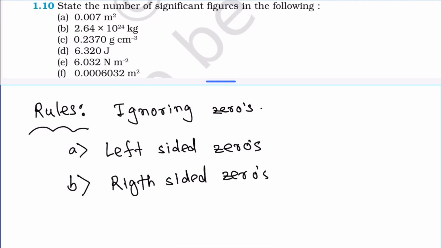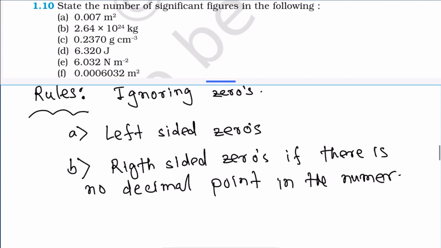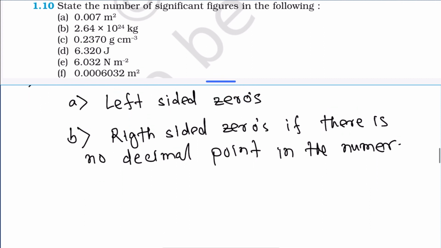Right-sided zeros are ignored if there is no decimal point in the number. That's it, over. For example, for left-sided zeros you don't check for any decimal.